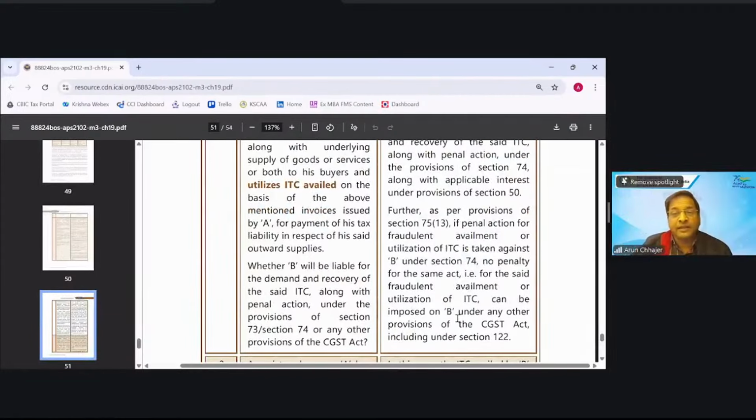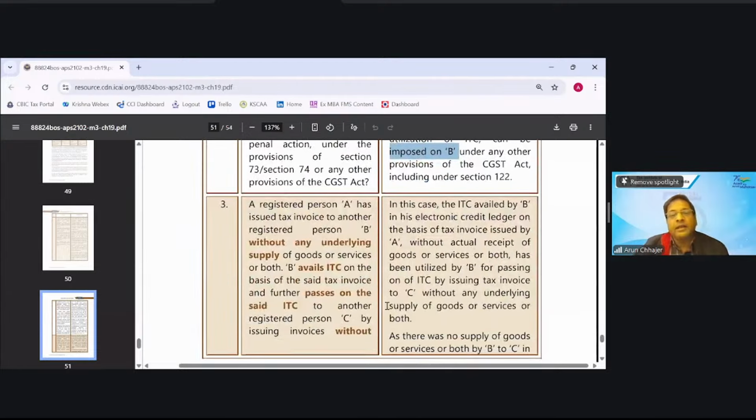Further, 75 subsection 3 says, अगर आपने 73, 74 की पेनल्टी स्टार्ट कर दी है किसी के अगेंस्ट में, you will not initiate any other proceeding against the same person. मतलब आपने क्या किया, 73, 74 कर दिया, पैरेलली आपने क्या कर दिया, लेट्स से आपने 122 इनिशिएट कर दिया, विच इज नॉट परमिसिबल. No penalty for the said act can be imposed on B. ठीक है, that is 122.